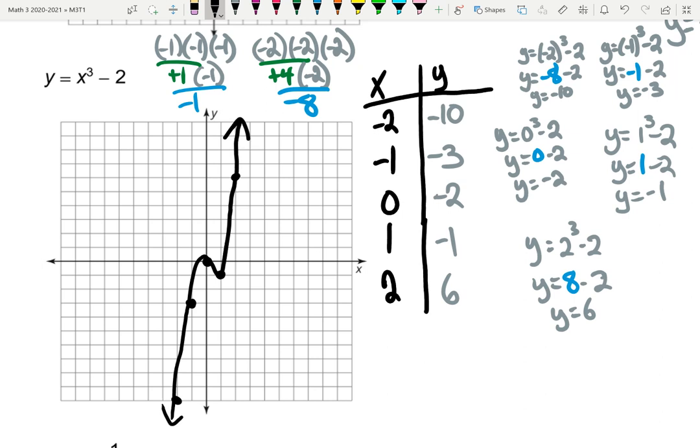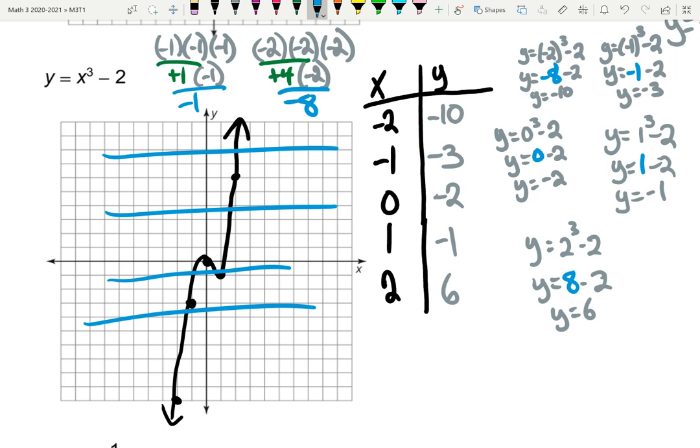Now, before I graph my inverse, I know that this is a function because it passes my vertical line test. What about the inverse? The inverse is not going to be a function.